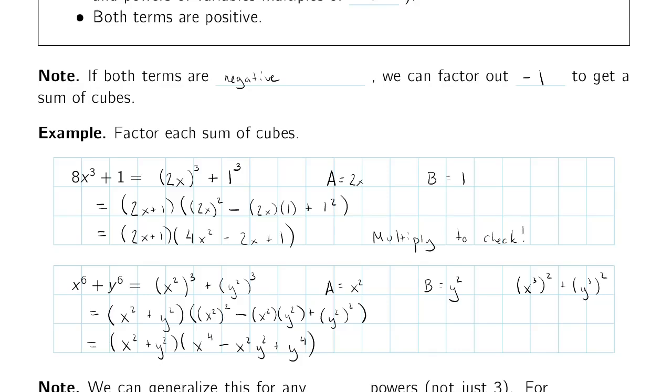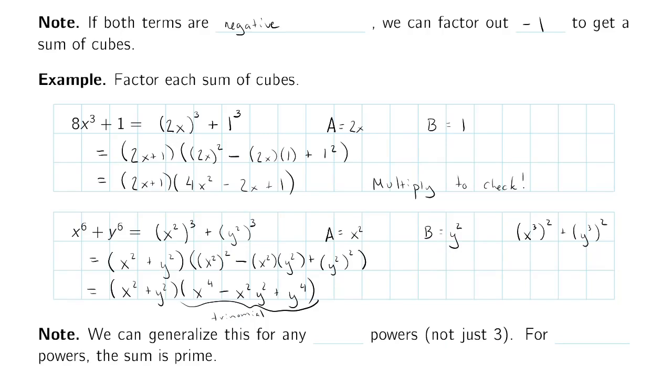Well, that's okay, because this is a trinomial. So that doesn't violate what we said about the sum of squares. We said the sum of squares is usually prime if we have another special form that we can slot it into, like a sum of cubes, then we're fine.